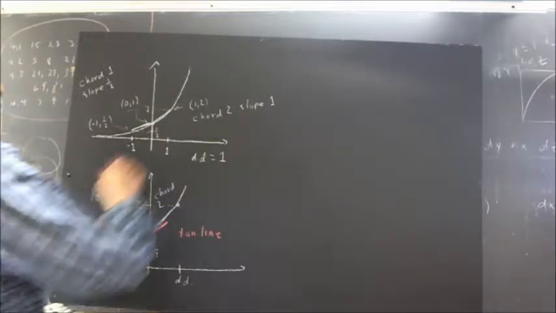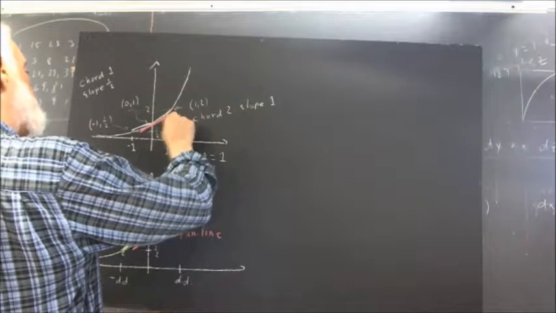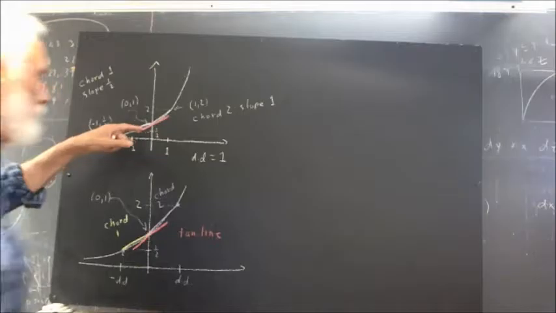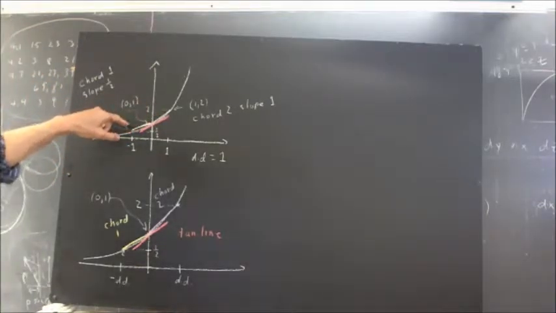Now, if I draw a tangent line at this point, the slope of the tangent line is less than that of chord 2, greater than that of chord 1.